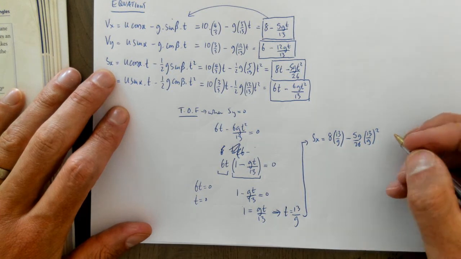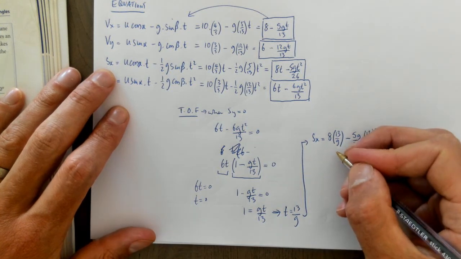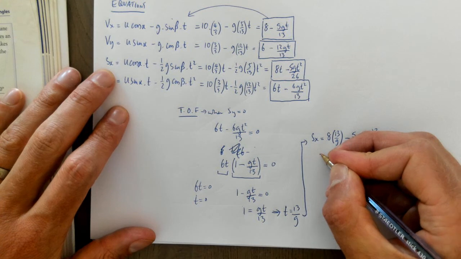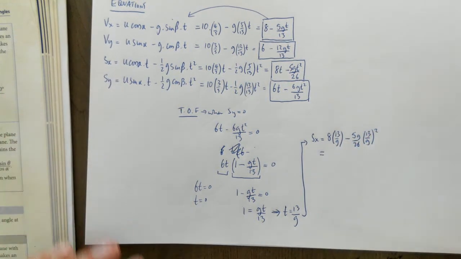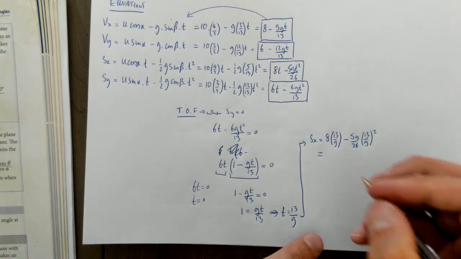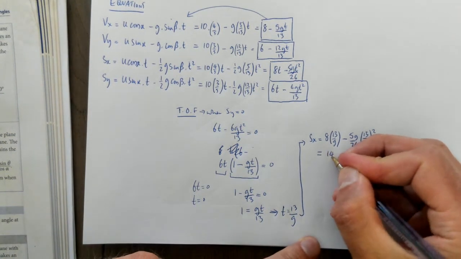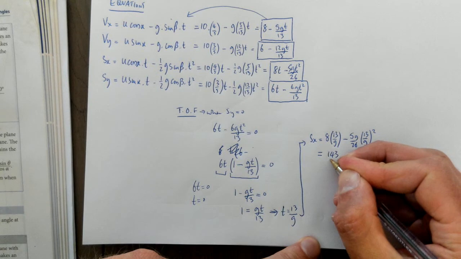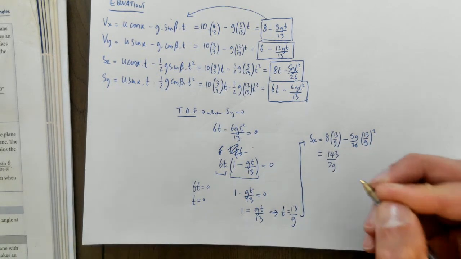When you work that out, you should get R is equal to 143 over 2g.